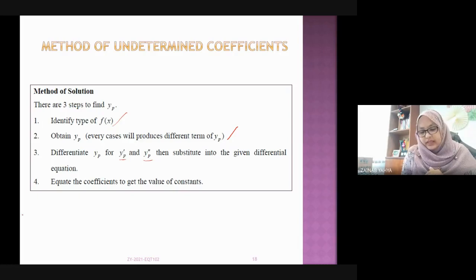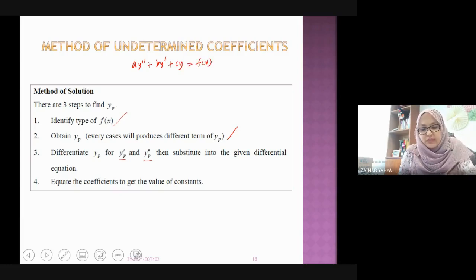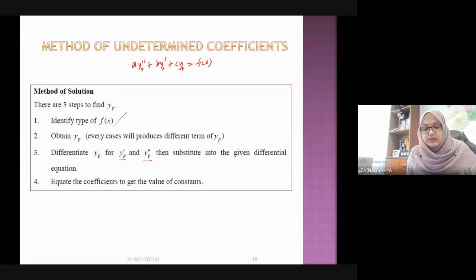Then we substitute into the original equation given, ay double prime plus by prime plus cy equals fx, to get the value of the constants. We substitute yp, yp prime and yp double prime here, and we will get the unknowns of the YP. So at the end, only the unknowns in the YH are left. For the YP, we will obtain the constants. We'll take a look at the example later on.